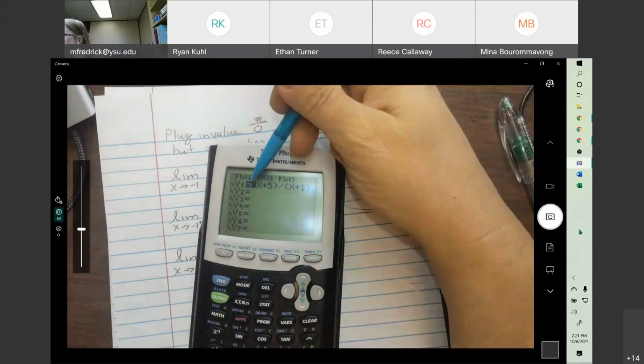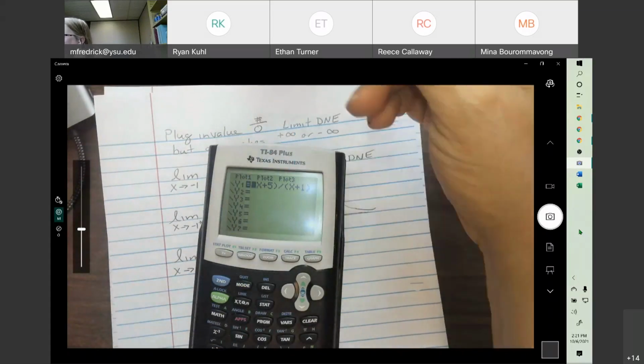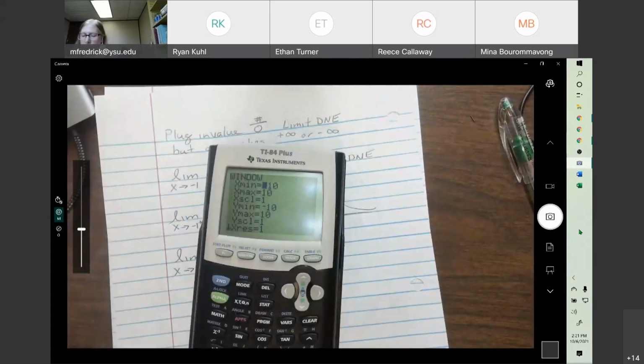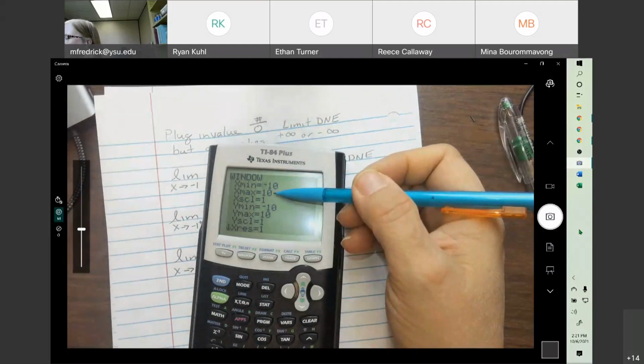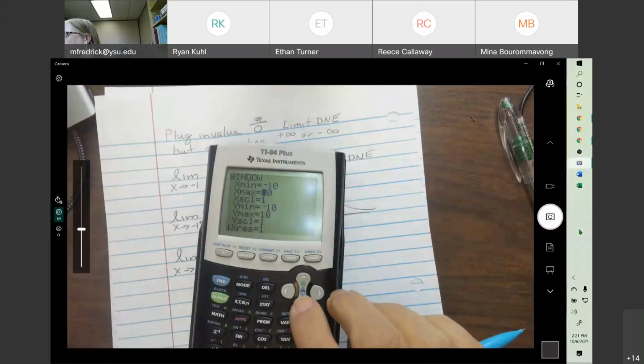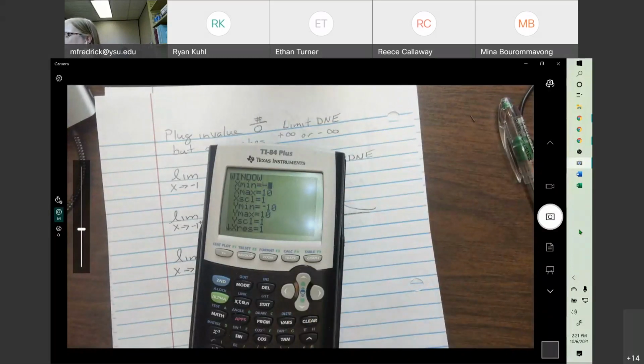And you have parentheses around it? Yes, ma'am. Then let's check your window. Let's see, negative 10, 10, 1, negative 10. And make sure your negatives are negative and not a minus. Because if you do put a minus, it will give you a dimension error.